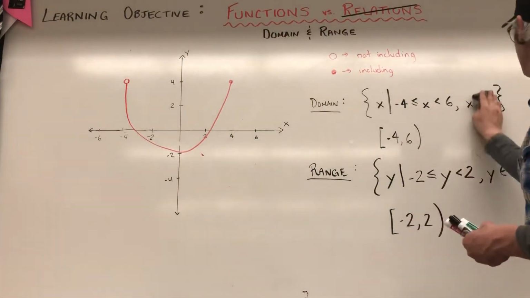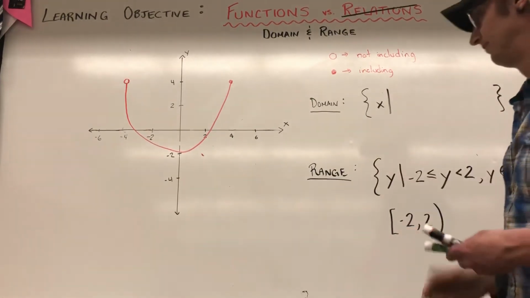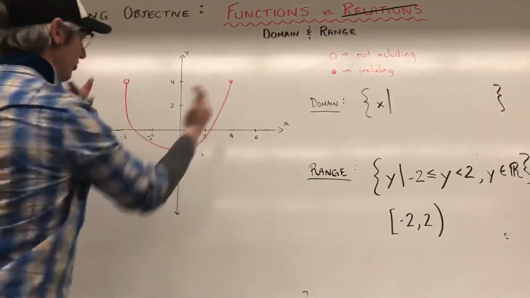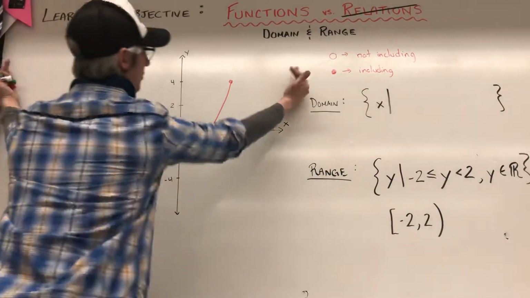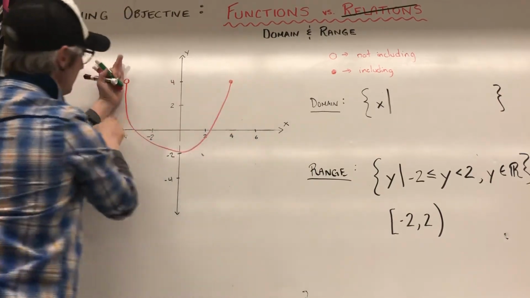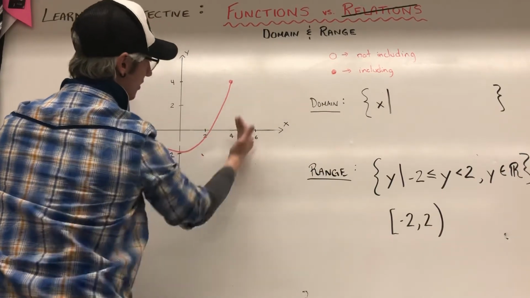So I'm going to just erase what's in here. Okay, domain. What values of x does my function exist within? Well, it exists within the extremities, which are at -4, not inclusive, up to +4, inclusive.